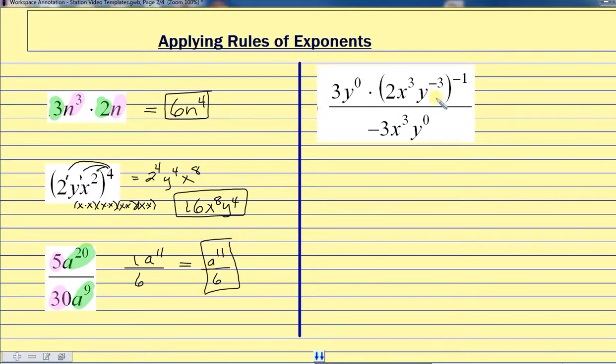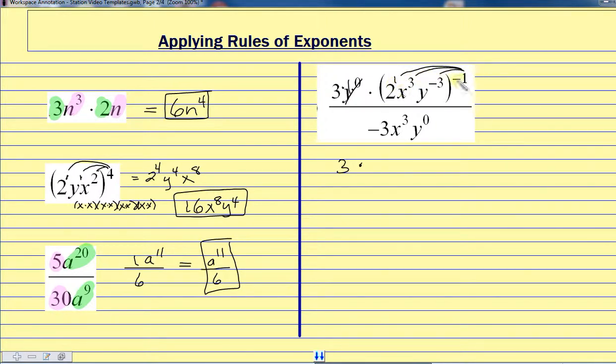Now, here we have a whole bunch of stuff going on, so we'll simplify one thing at a time. Anything to the 0 power is just 1, so this means 3 times 1, so that's just 3. Times, now this power, remember, has to get distributed, so it's getting distributed to the 1, to the 3, and to the negative 3.